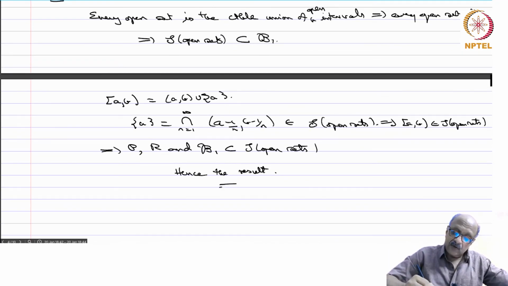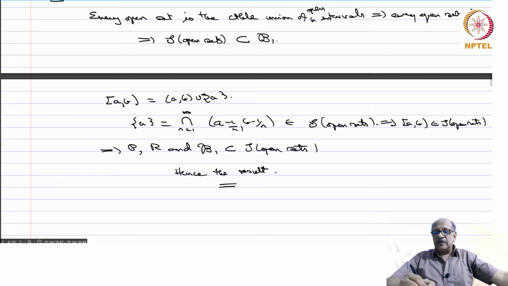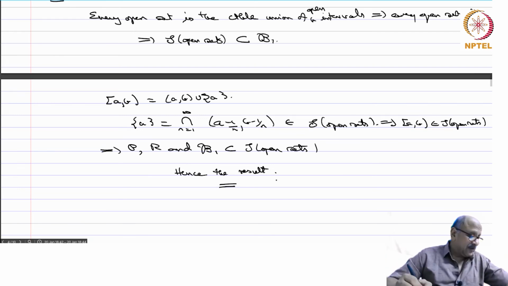And therefore now we know the Borel sigma algebra is nothing but the sigma algebra generated by open sets. So in general, if you have a topological space and you define the measure on it, then the smallest sigma algebra containing the open sets is called the Borel sigma algebra, even in the abstract setting, if you have an abstract topological space.